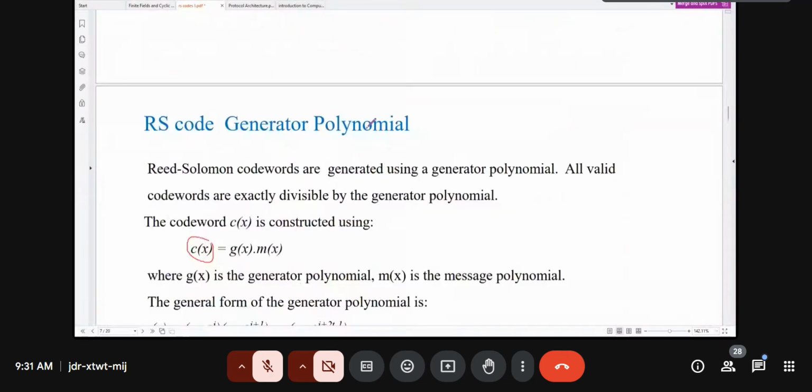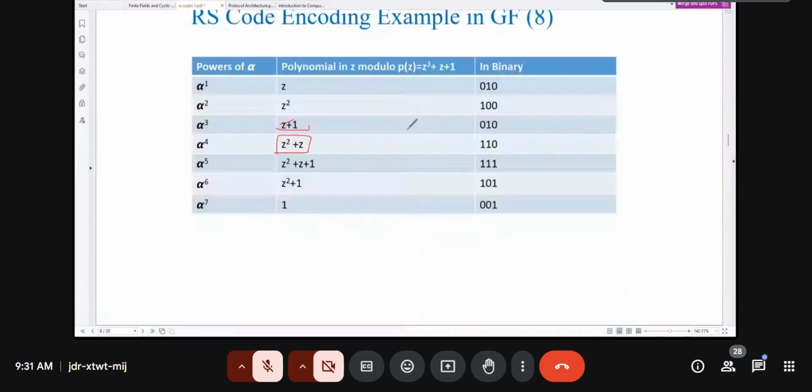Yeah, and I think that's what must have happened with the Voyager. It would mean that you're getting errors which are over 16 symbols, so it will not be able to correct.